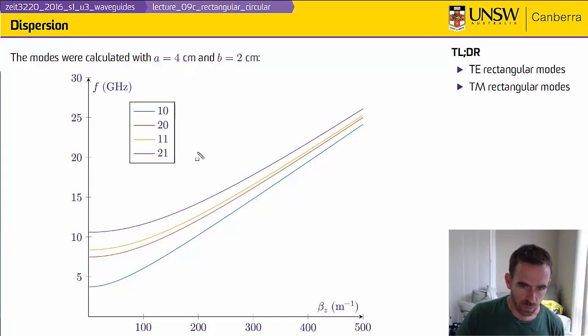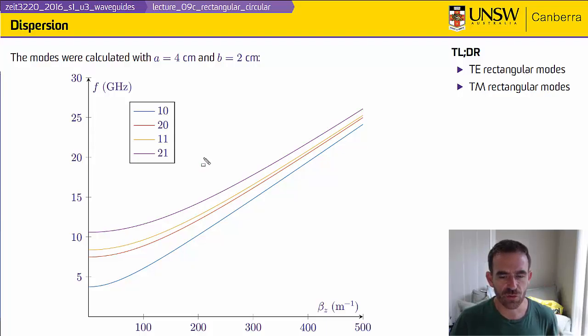And going back to what I said previously, we have different cutoff frequencies for each of these modes, and since the cutoff frequency depends upon the m and the n the same way for both TE and TM modes, then I've got the same cutoff frequencies for TE and TM modes that have the same indices.